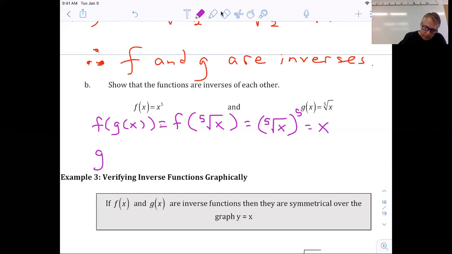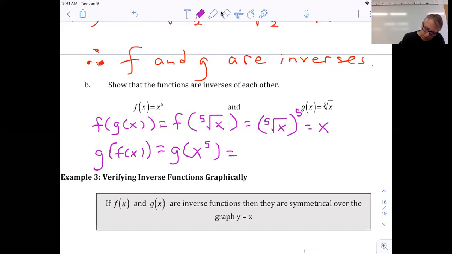We now have to do the same thing, show that g of f of x also equals x. So that means we're going to take f of x, that guy, and plug it into g. So we're finding g of x to the fifth, because that's f of x. So that means we're plugging x to the fifth into there.